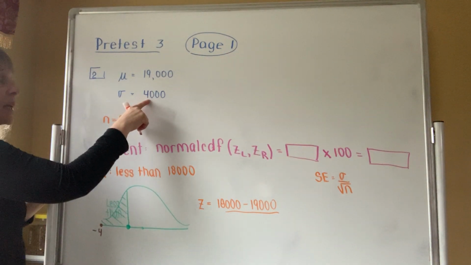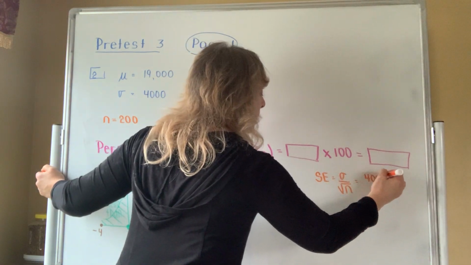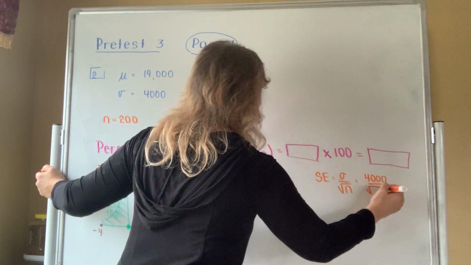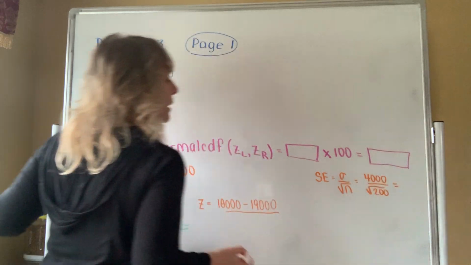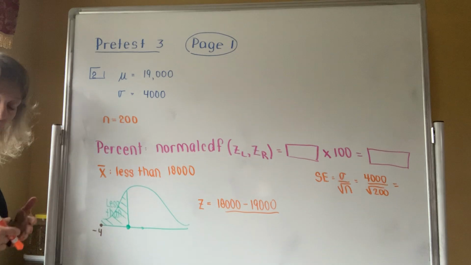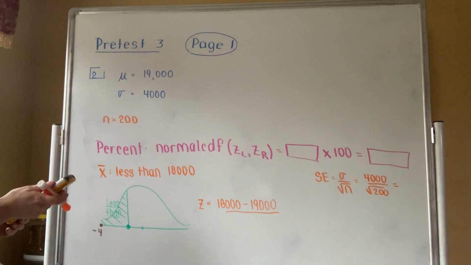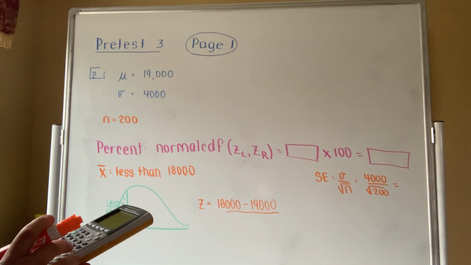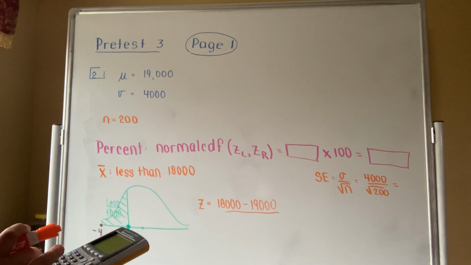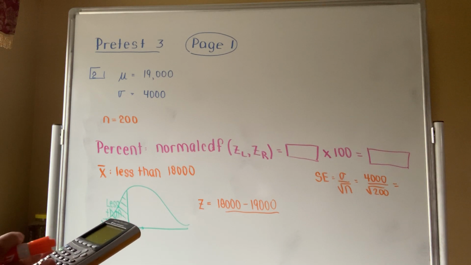So in this case, it is 4,000 divided by the square root of 200. Now, I don't know what the square root of 200 is offhand, so I'm going to just type this into my calculator. I got 4,000 divided by second x squared, 200, close the parentheses and hit enter.